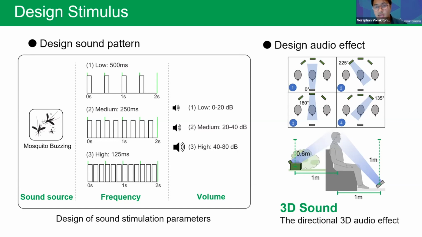And for the desired sound audio effect, we propose 3D sound using multi-channel speakers installed around the participant, focusing on the person in the center so that the system doesn't affect the people on both sides. We examined suitable positions at 0 degrees, 225, 180, and 135.